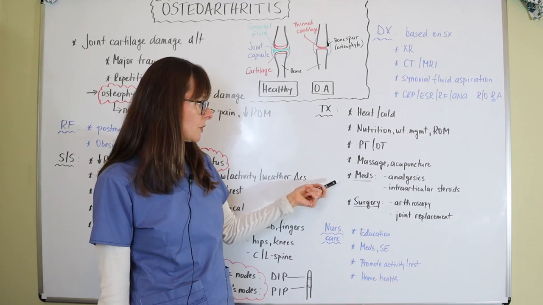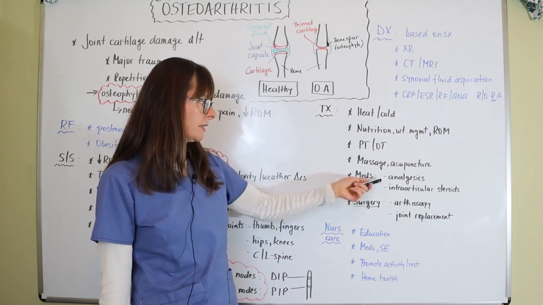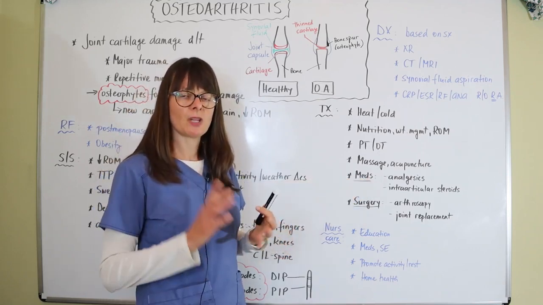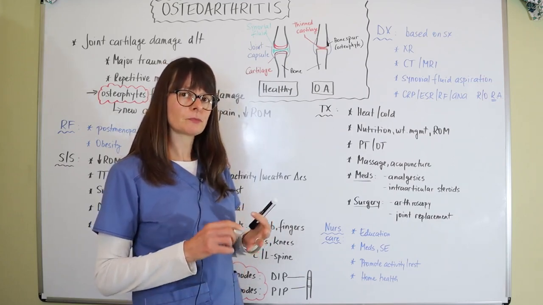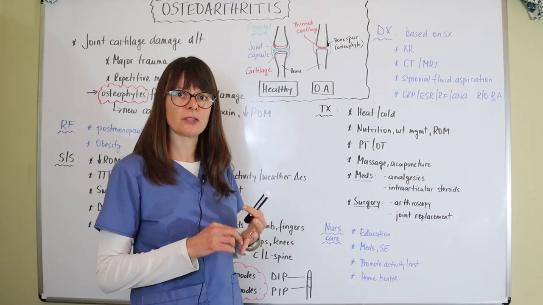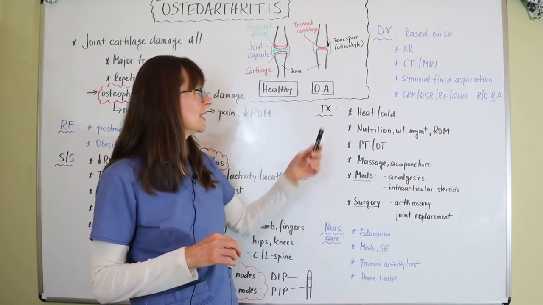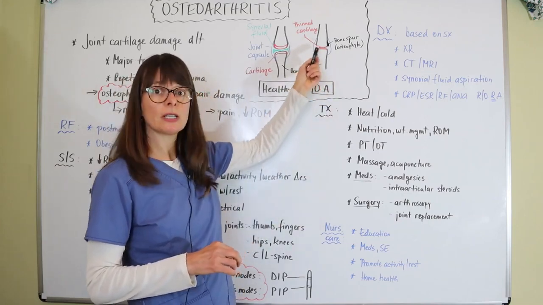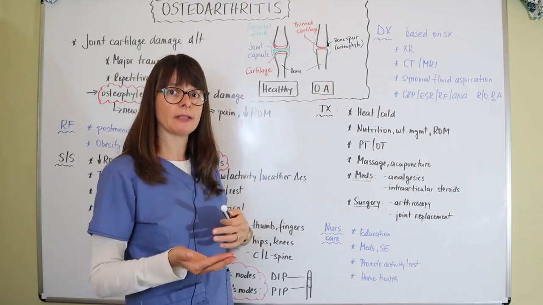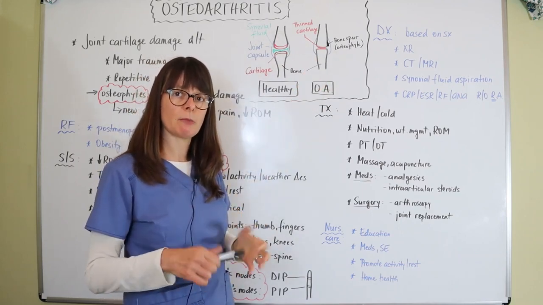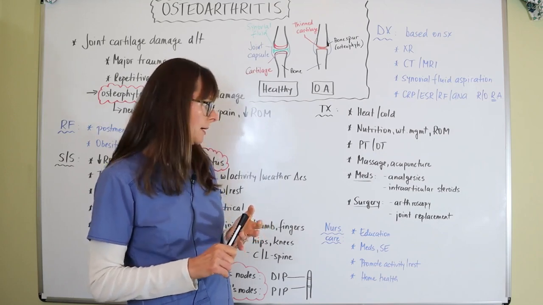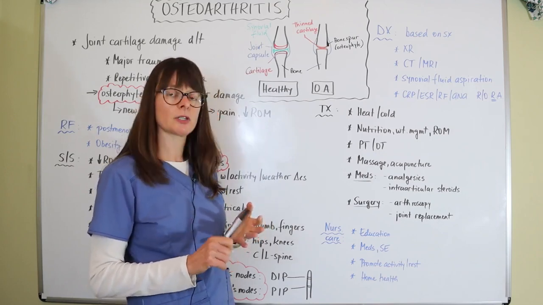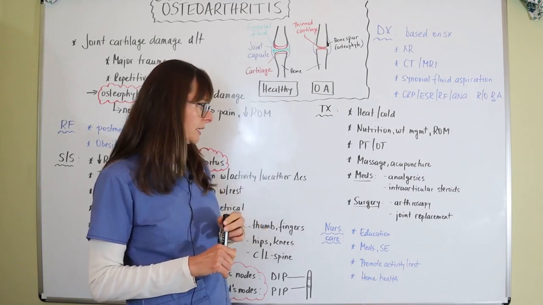Medications used for osteoarthritis are analgesics, and that is typically NSAIDs or analgesics like Tylenol. Keep in mind that NSAIDs have GI side effects, and this is something that doesn't really go away, so the patient would have to be on that chronically, so we have to educate them about possible GI side effects, and then to get their kidney function checked every so often to make sure that there are no bad side effects on the kidneys.